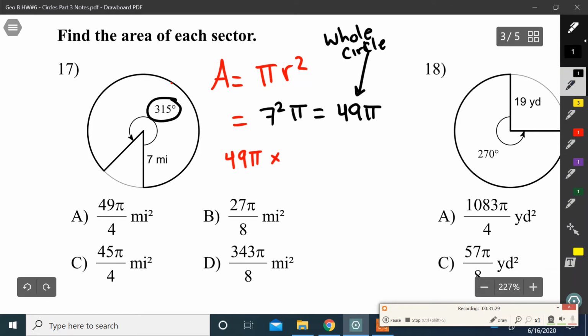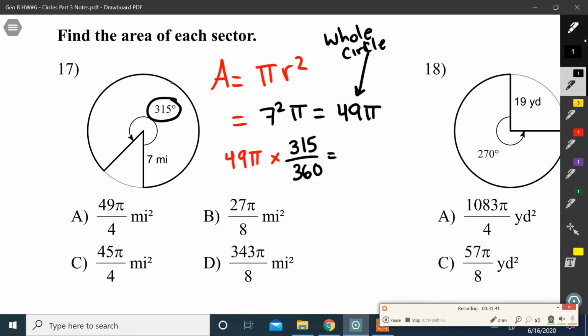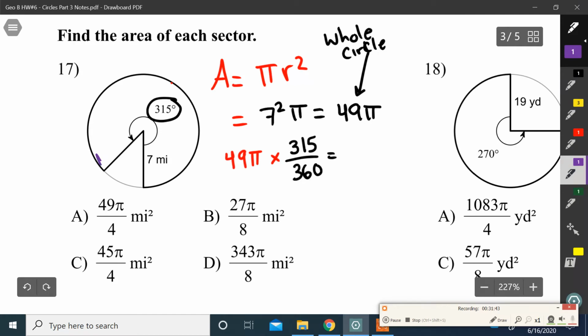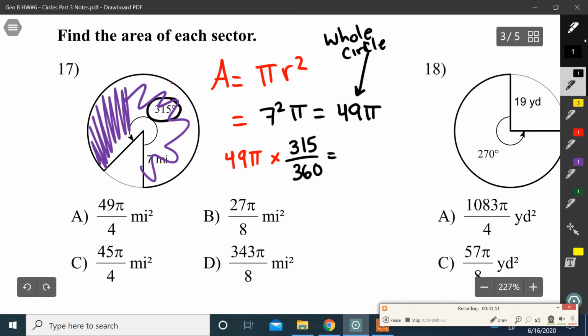We know that the whole circle is 360, so the fraction will be 315 over 360. Because we only want this portion right here, which is a fraction of the whole circle.